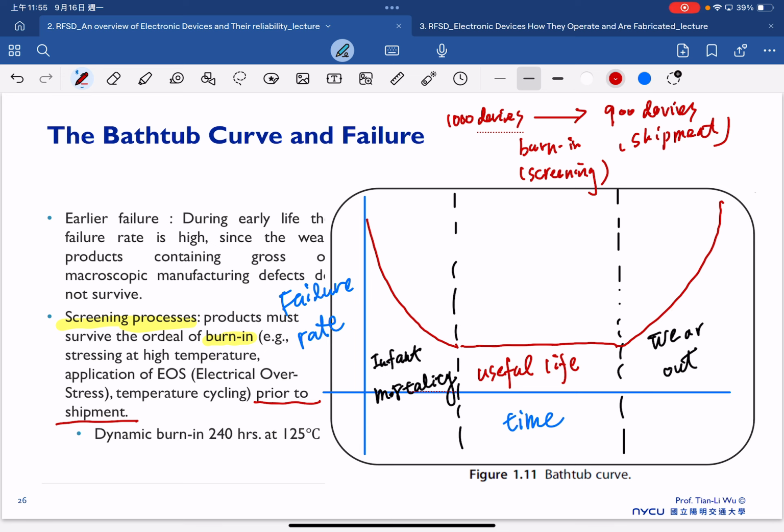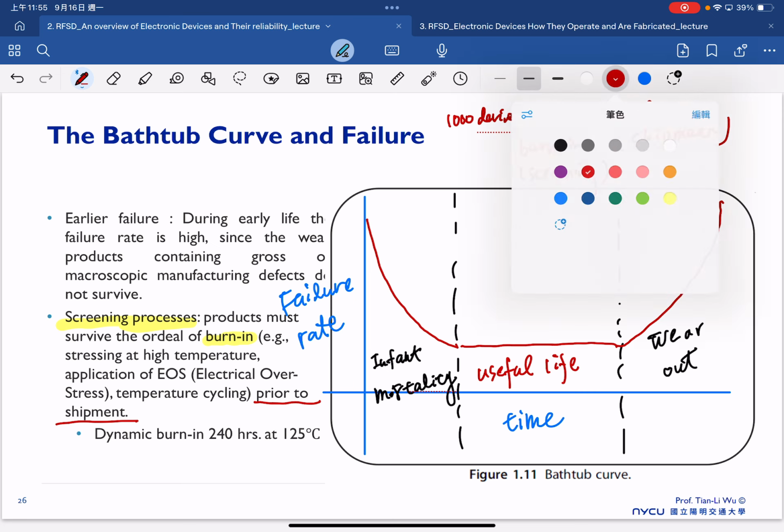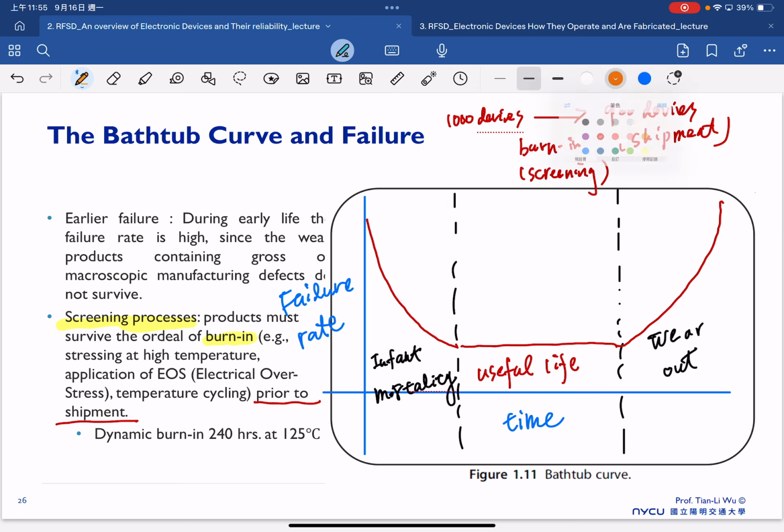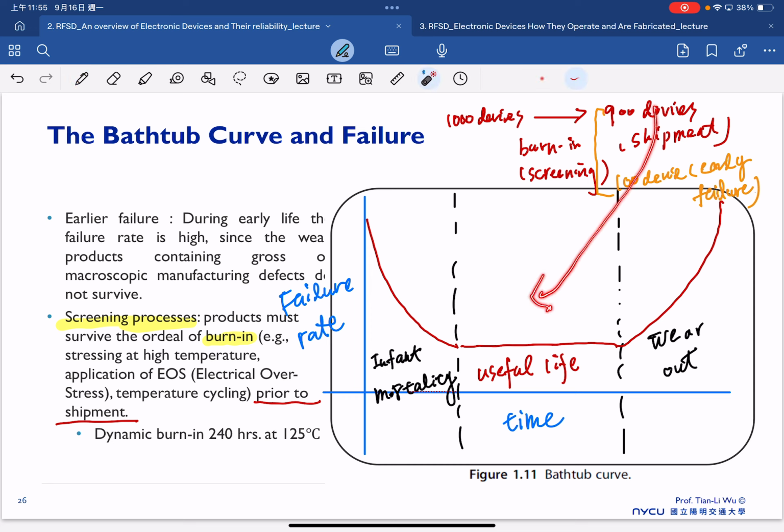There will be 100 devices that have the early failure. But the 900 devices are actually proven to be usable in the useful life.